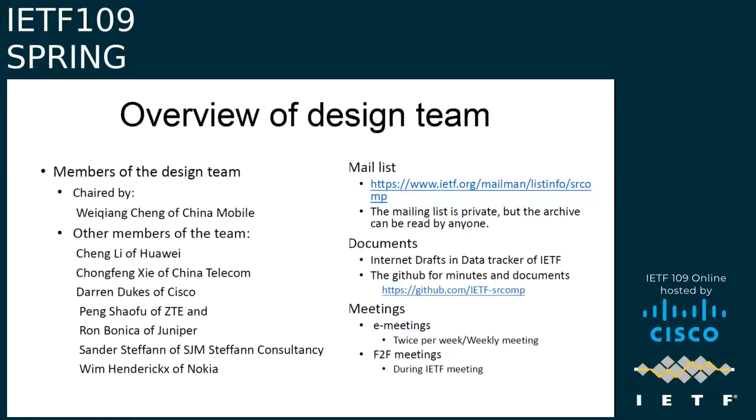For some other documents or meeting minutes, we put them on the GitHub link. This link is open for anyone. If you are interested, you can access it for some of our meeting minutes or other documents.